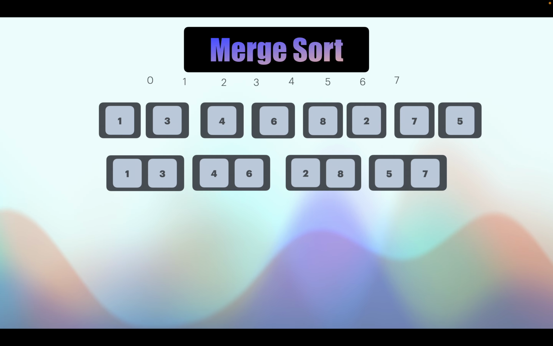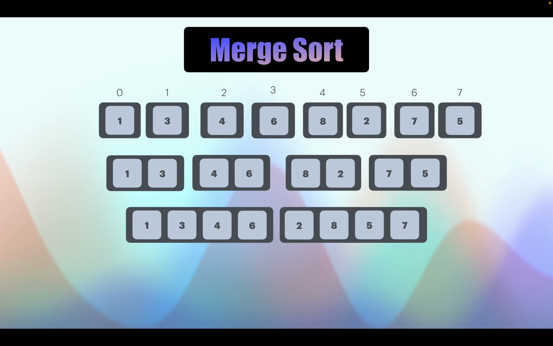So now we further combine the left 2 parts and the right 2 parts, in a way that we take elements from each subpart by index: the first element of the first array compared with the first element of the second array, then compared with the second element of the second array.